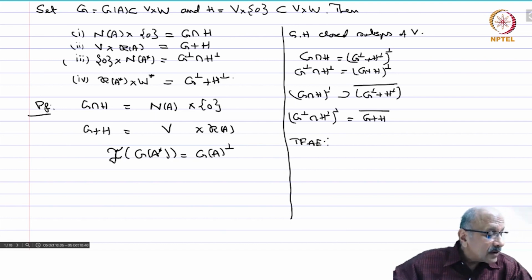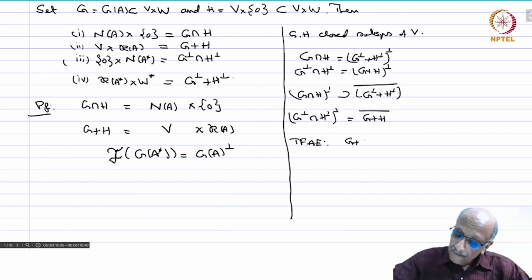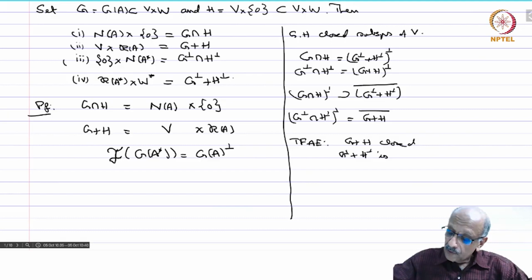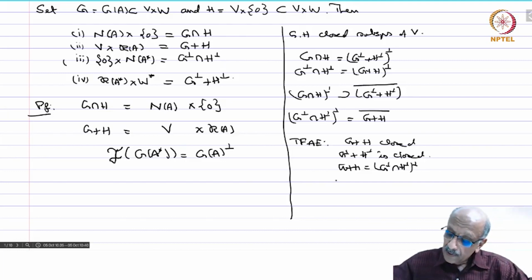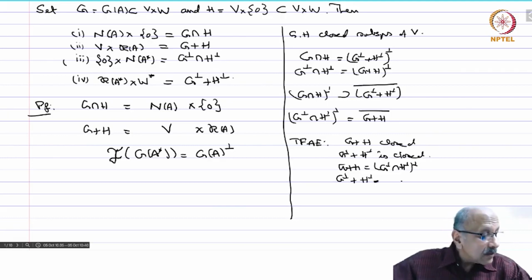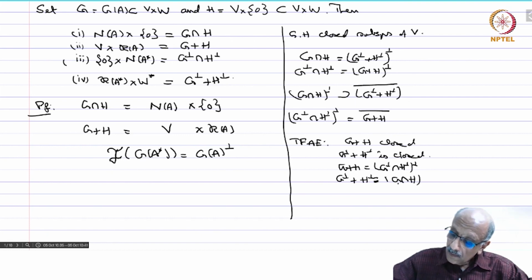You have that G plus H is closed, G perp plus H perp is closed, and then G plus H equals G perp intersection H perp, and G perp plus H perp equals G intersection H perp.